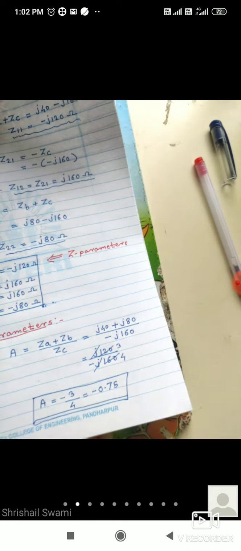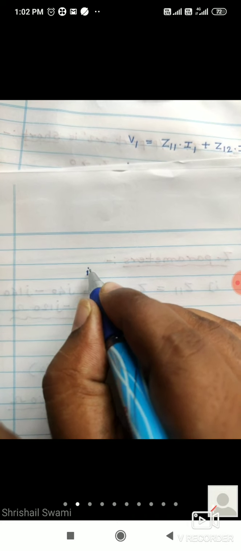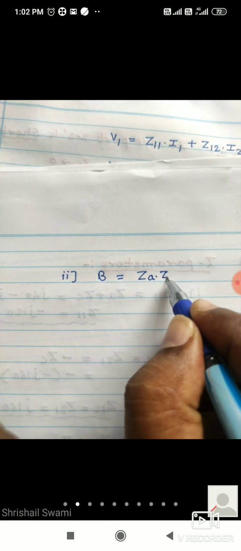B is equal to, yes, the sum of products. Second is the B parameter, and what is B? Impedance. What is its unit? Ohm. So B is equal to ZA into ZB plus ZB into ZC plus ZC into ZA divided by ZC. So everywhere ZC is common in the denominator.